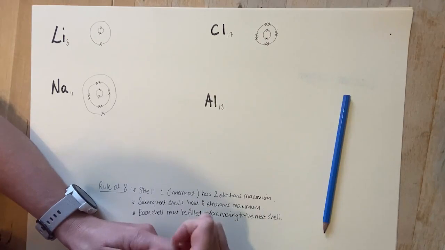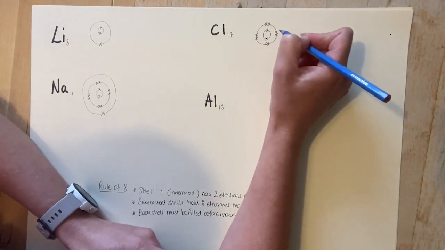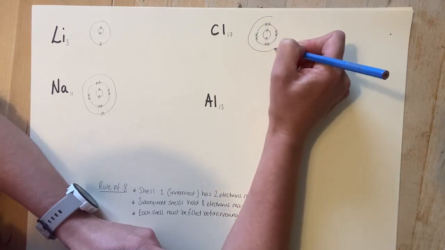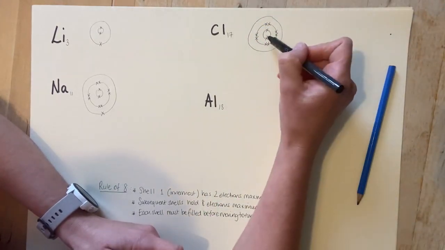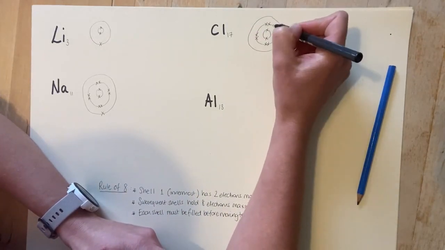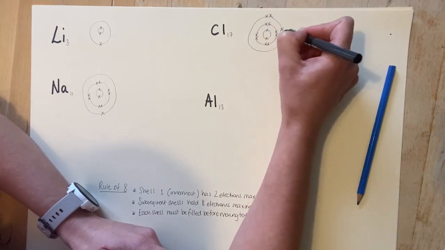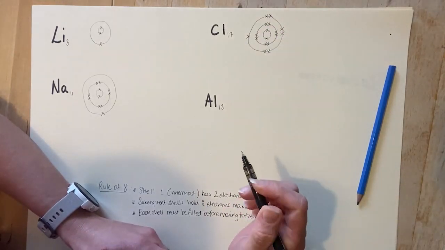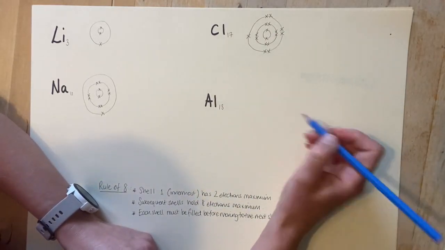We've added 10 already, 2 to fill the first one, 8 to fill the second one. We're left with 7, so we're going to have to add another shell. 2, 4, 6, 7. And they're all distributed following these rules, all 17.